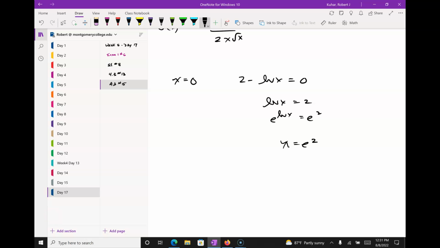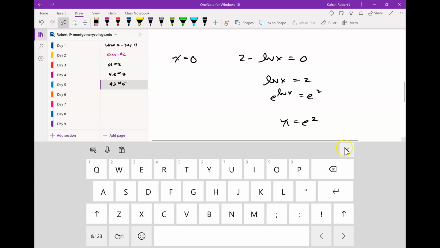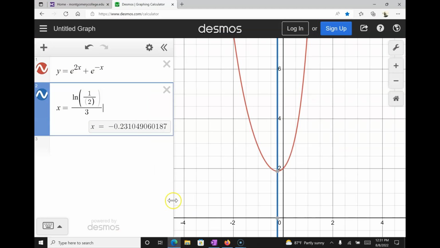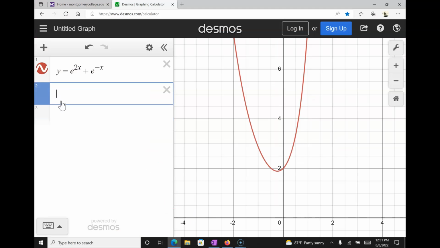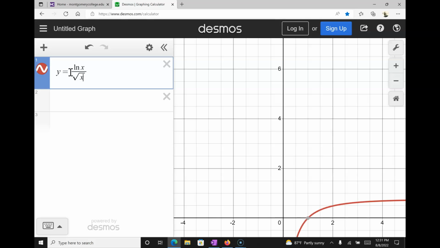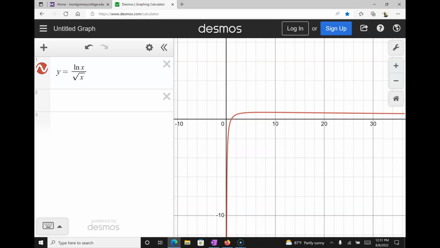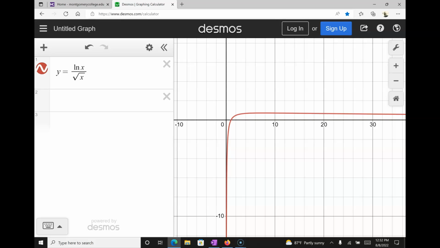And of course, let's look at that curve, right? I have ln of x divided by square root of x. It's really hard to see it, but what kind of tangent line? So obviously x is 0 is not in my domain, right?